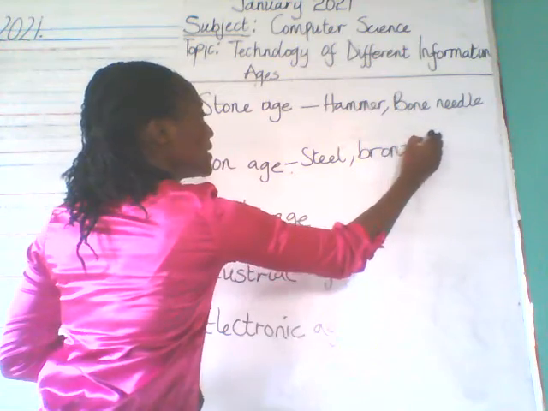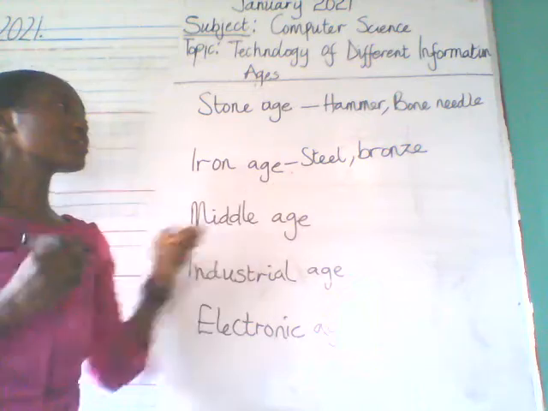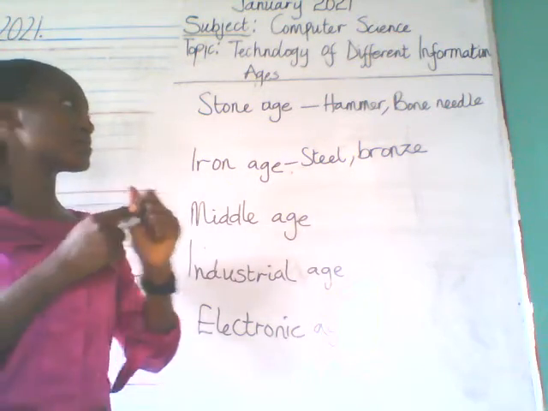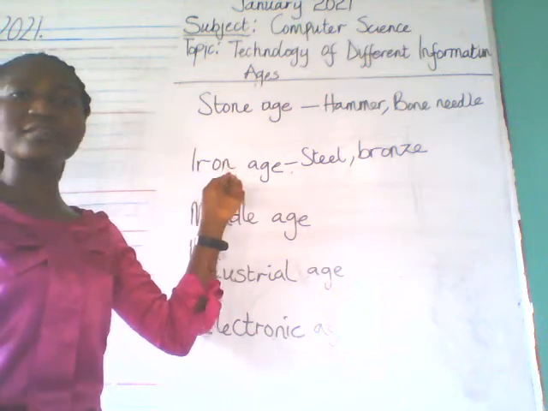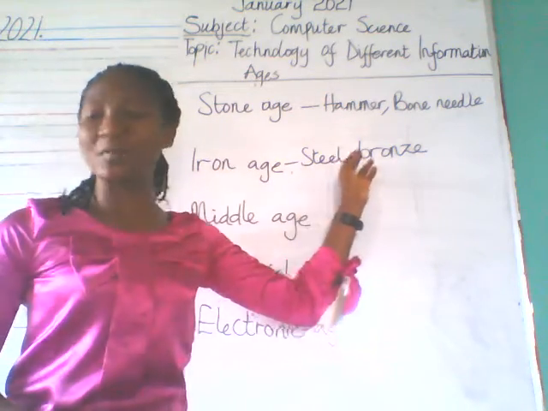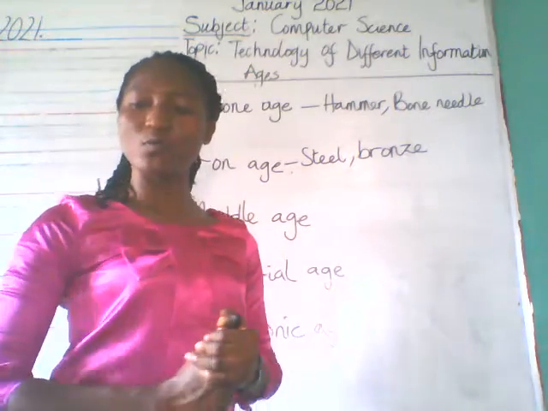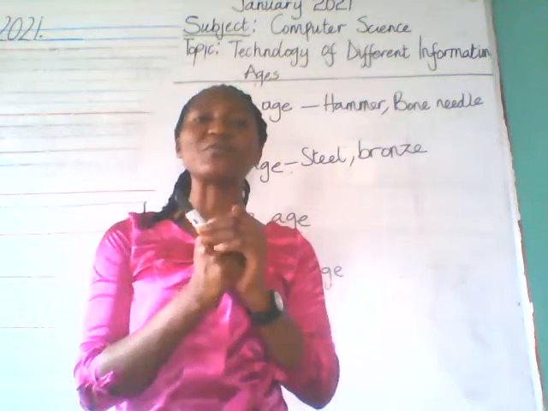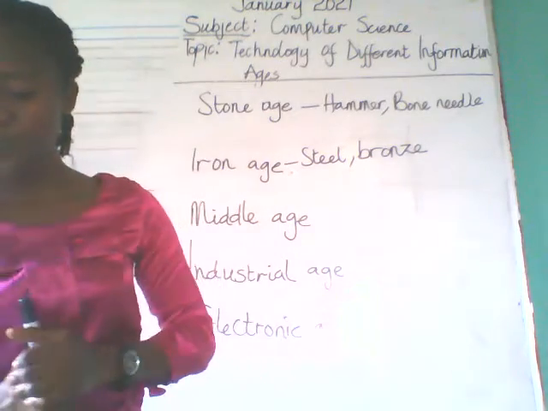These are elements. So they make use of these elements, steel, which is a class of iron, and bronze, to make weapons also. And these weapons are used for war. When they want to go for war, they make use of it.